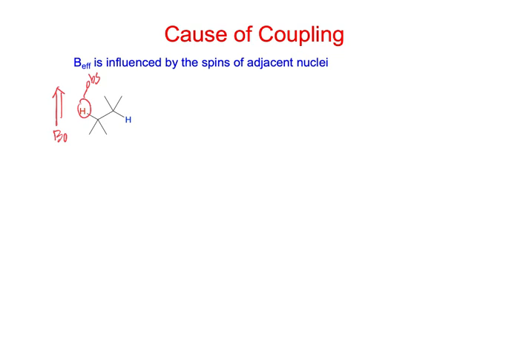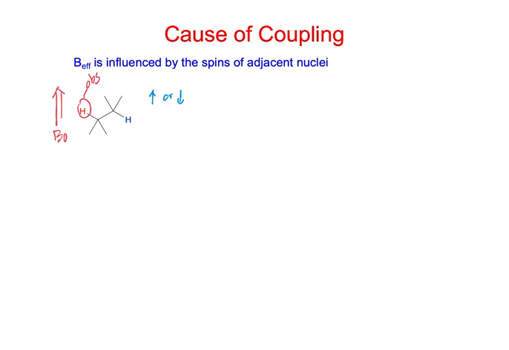And we know that this proton, the blue proton, can either be aligned with the magnetic field or it can be opposed to the magnetic field. We know there's a tiny amount more that is aligned with the magnetic field than opposed.